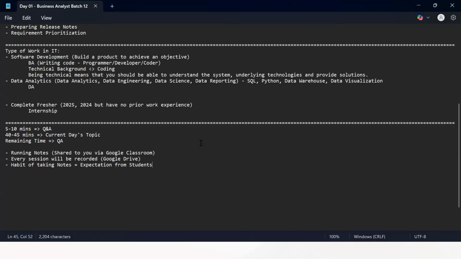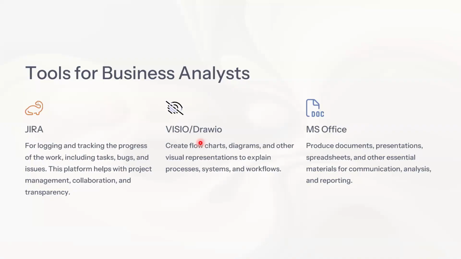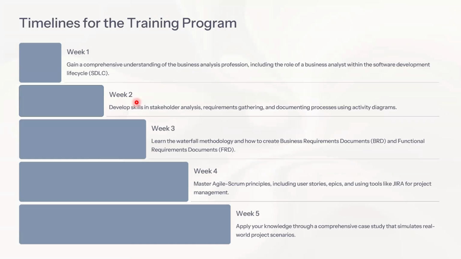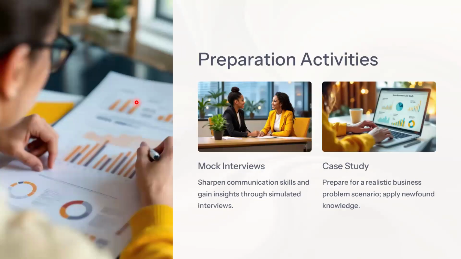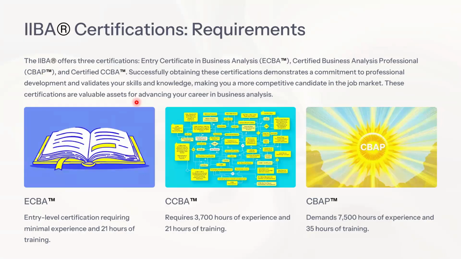Now we will stop over here. And we will continue with the remaining topics. We'll start with what tools we are going to cover as part of this training program, what tools we are going to learn. And then we will continue with the remaining topics like how much time it will take to cover this entire training program, what you can expect to learn once this training is over, what kind of preparation activities you will be involved with, and the certifications part.